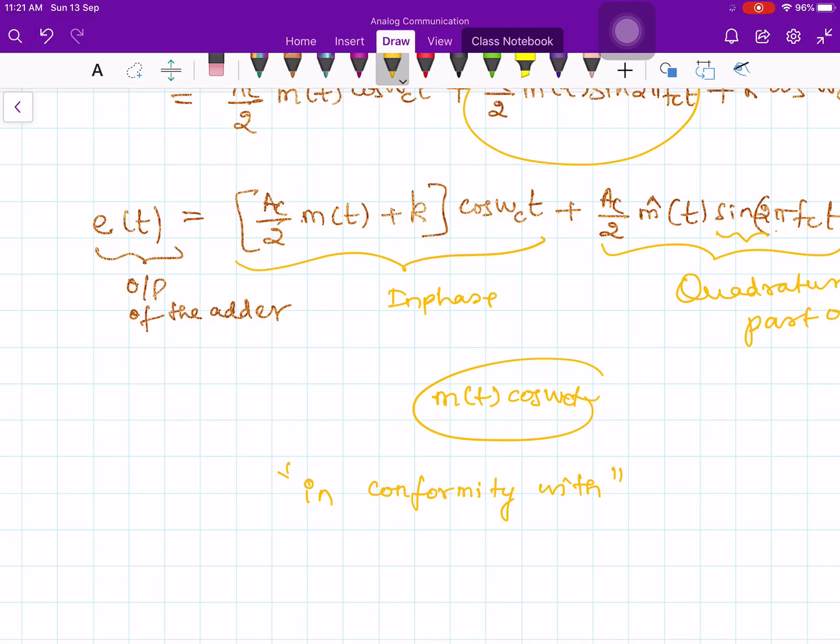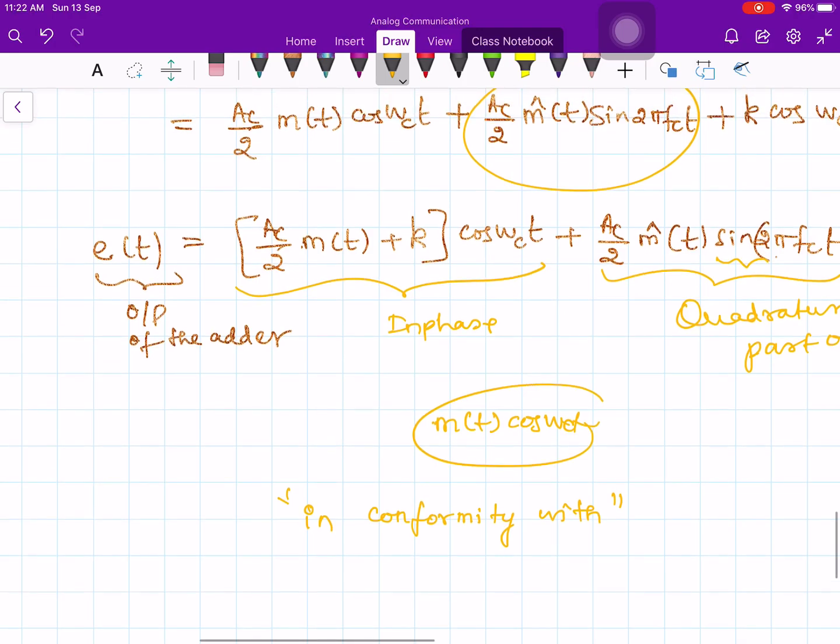Again, the band pass signal has an in phase part and a quadrature phase part. Please recall. So, any band pass signal can be represented in terms of in phase part and quadrature phase part. Only thing is there is a special relationship between the in phase and the quadrature phase parts for it to become an SSB signal. Now, one of the advantages of this representation is that you can easily identify what the envelope of the signal will be.